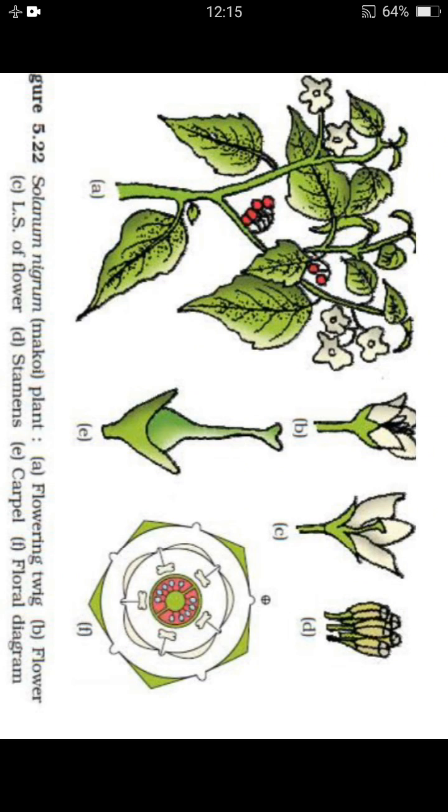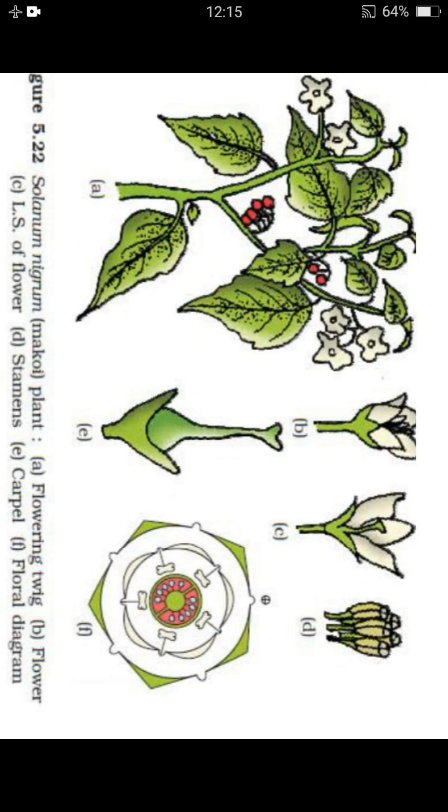Next, it is hollow in nature. Rarely it is hairy or glabrous in nature. Hairy structures are present on the stem, that too hollow in nature, and glabrous. Next, underground stem in potato, scientific name Solanum tuberosum. So these are the few vegetative characteristics of the plant.